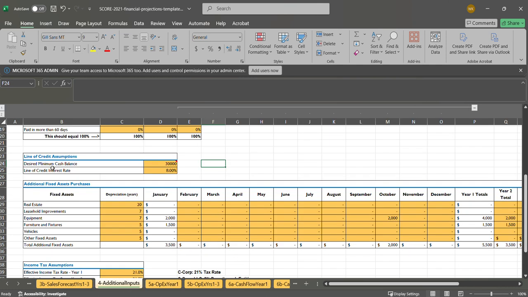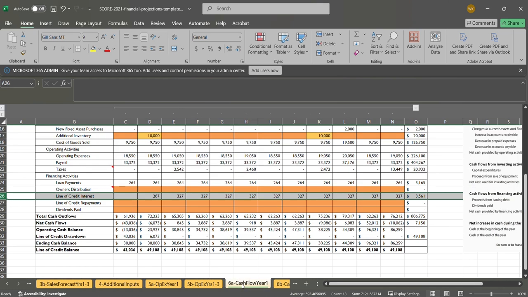And so here we said we have to pay about 8% in interest to the bank when we borrow from the bank in this line of credit. So that's what this interest is. If we have extra funding, extra cash on hand that we can start paying down this loan to the bank, we can put that here.